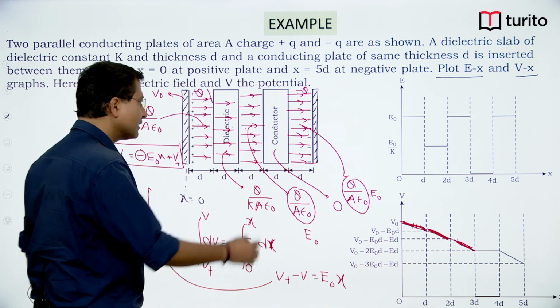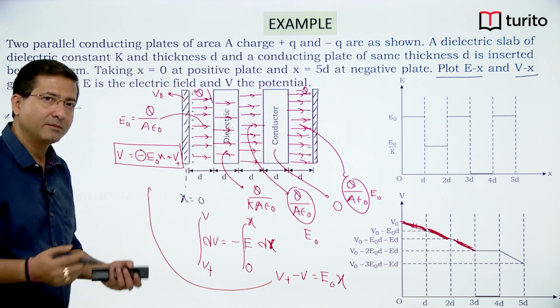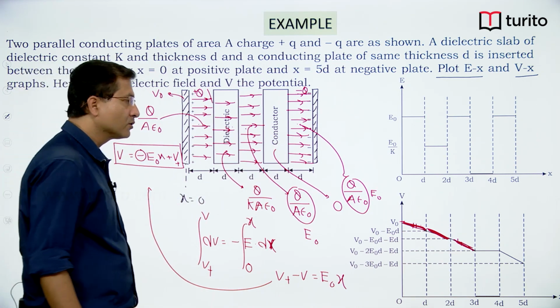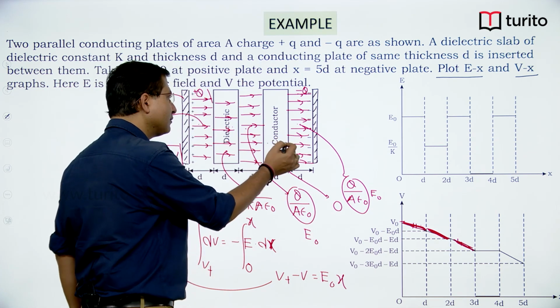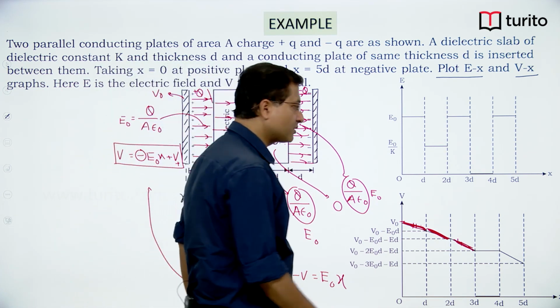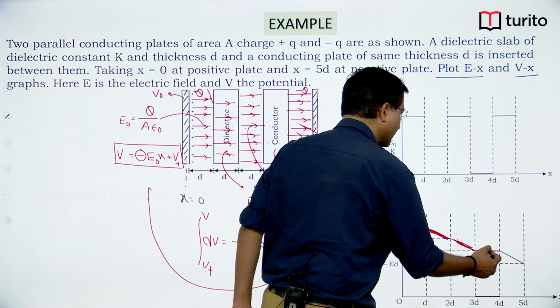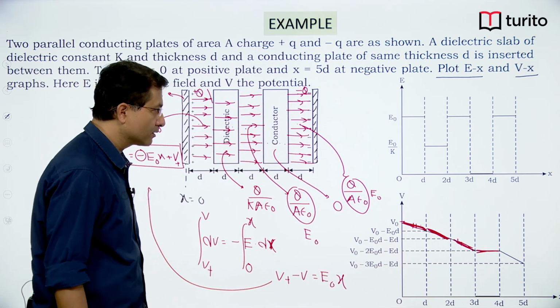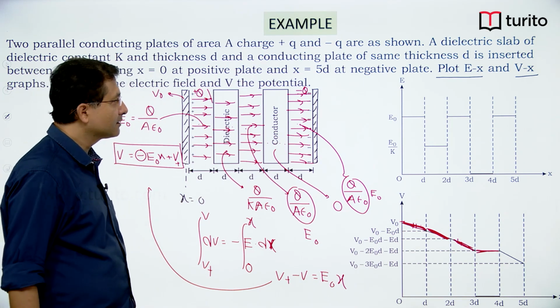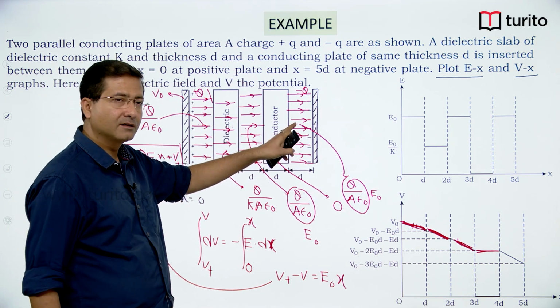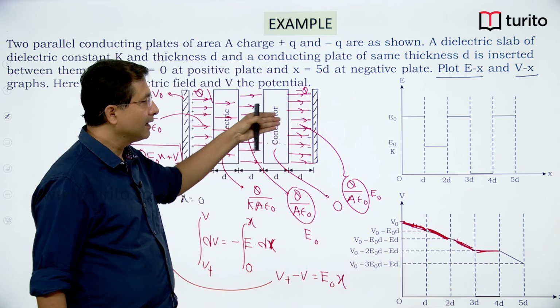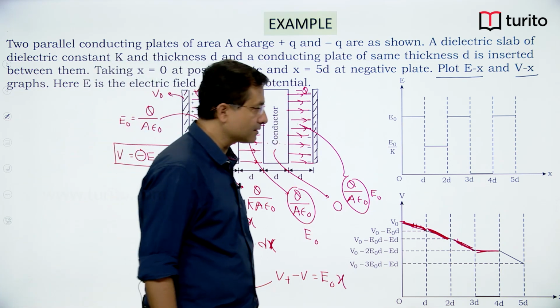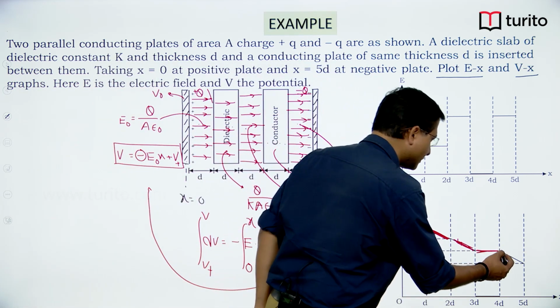Now when I enter into the conductor, the whole conductor will be at the same potential because the field is 0. So every point on the conductor will be at the same potential. So the potential is not changing, that is why we have a line parallel to the x axis, slope is 0, right. Then I enter into this region where again the field is there, along the field the potential decreases, and you will get this line.